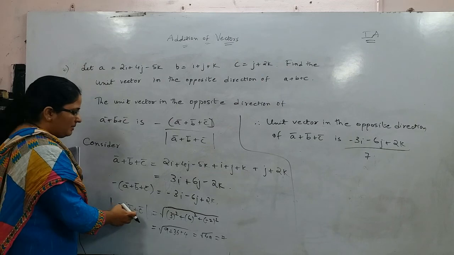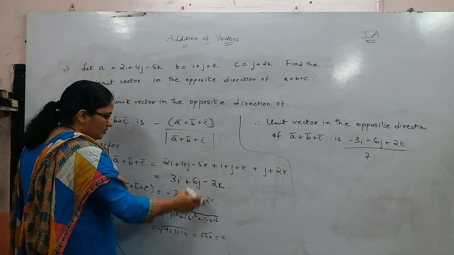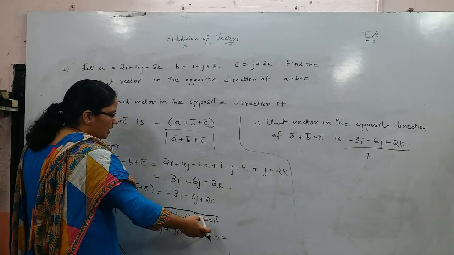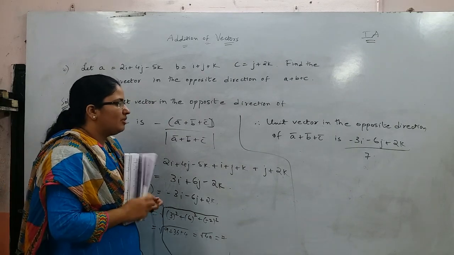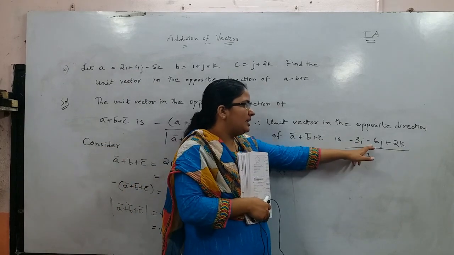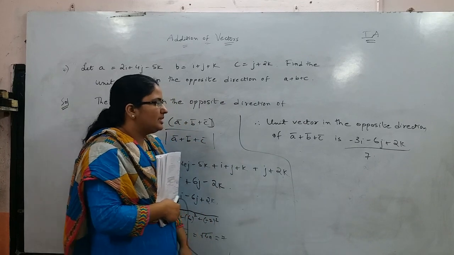Modulus is under root of 3 square plus 6 square plus minus 2 square, that is 9 plus 36 plus 4, that is root 49, which is equal to 7. Unit vector in the opposite direction of A bar plus B bar plus C bar is minus 3i minus 6j plus 2k by 7. That's about this problem.